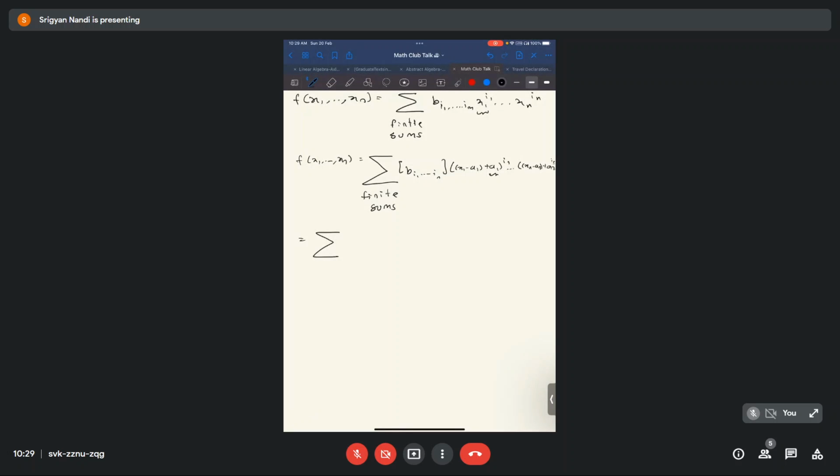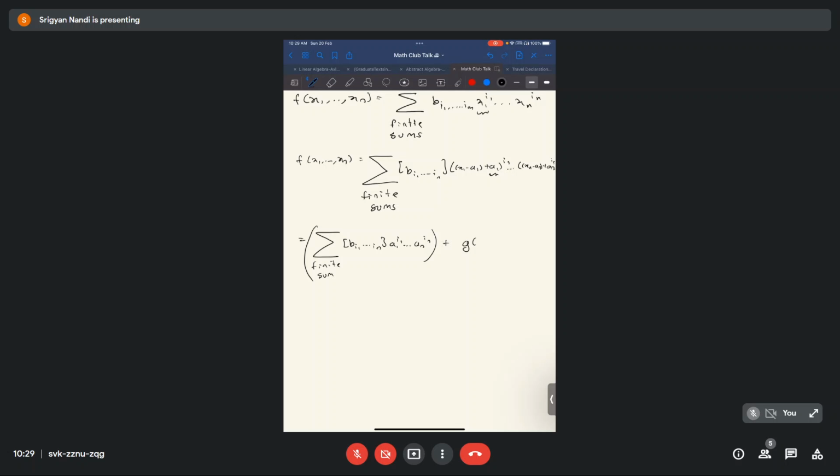That gives us this finite sum of b_{i1...in} a1 power i1 till an power in, taking the constants out, plus another polynomial, since every other term will have some factor of xk minus ak.